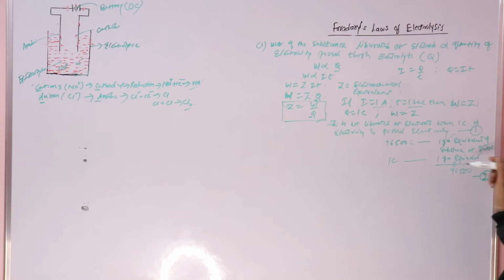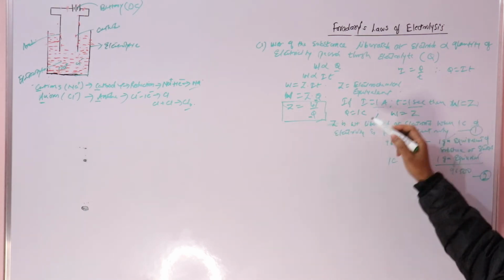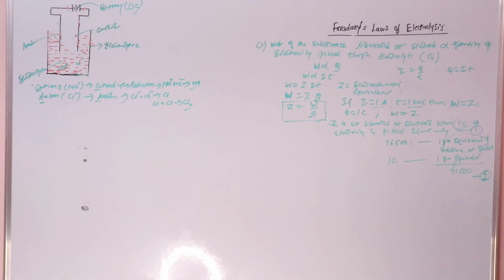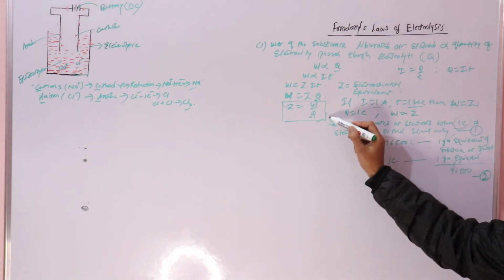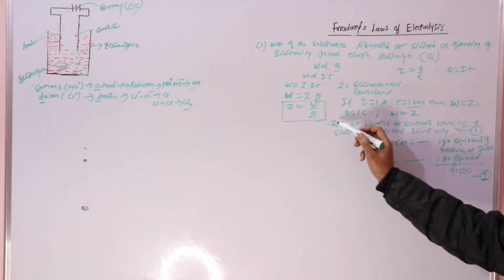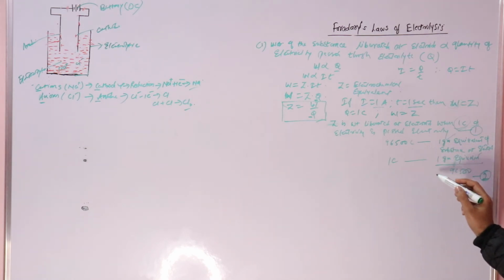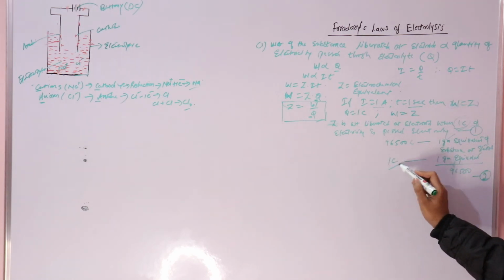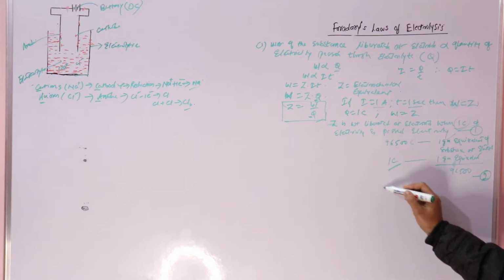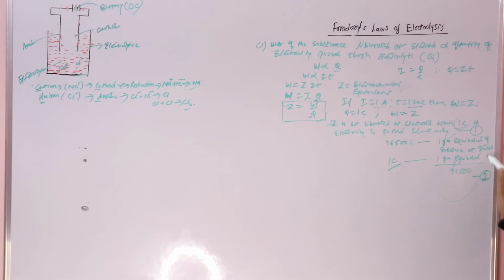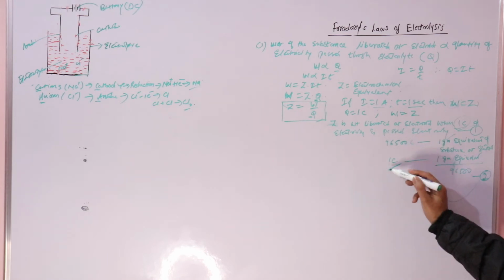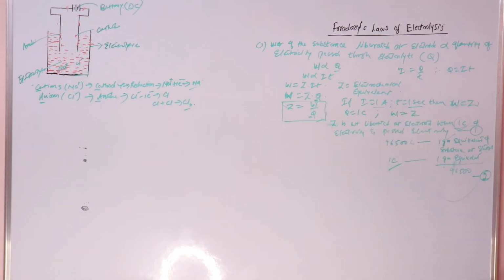Comparing 1 and 2, this is also the amount of substance liberated when 1 coulomb of electricity is passed through the electrolyte, which is equal to electrochemical equivalent. Through this method we found how much substance we get when 1 coulomb is passed, because we know when 96,500 coulombs of electricity is passed, 1 gram equivalent of substance is obtained at electrode.